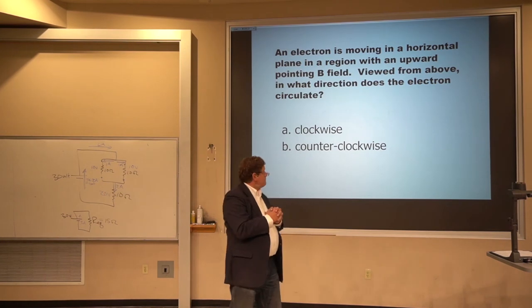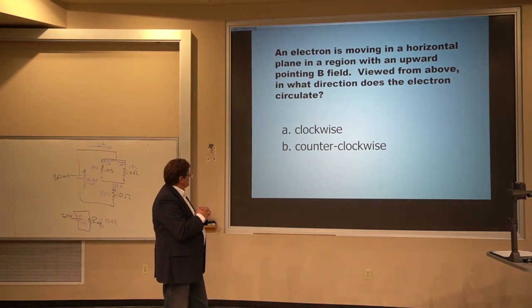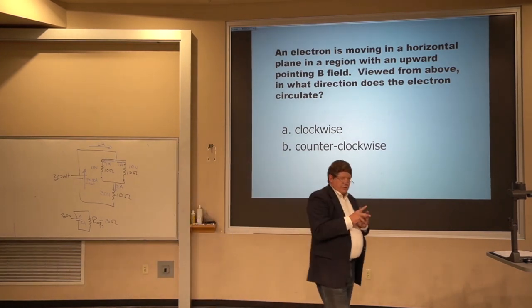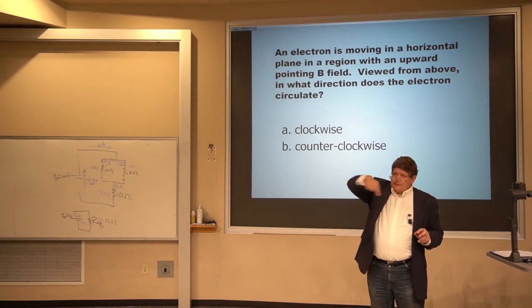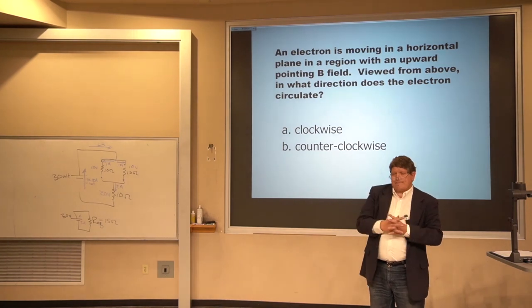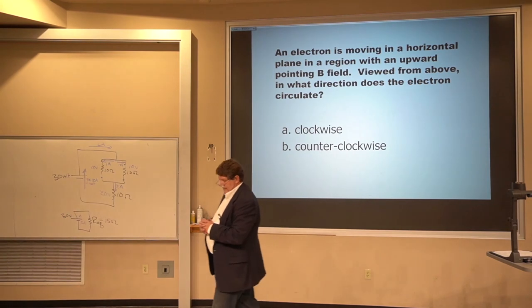Now viewed from above, in what direction does the electron circulate? We know that when a charged particle tries to go perpendicular to a magnetic field, it ends up spiraling. It makes a circular motion around the field line. The question is, which way does it rotate?